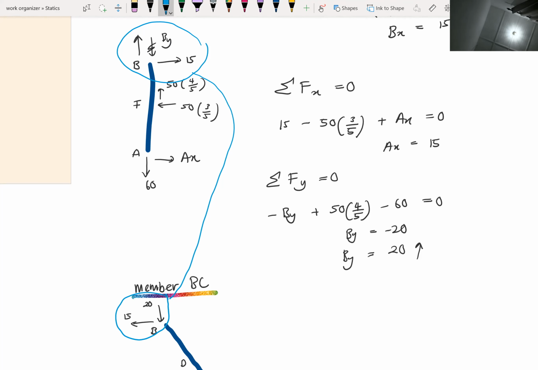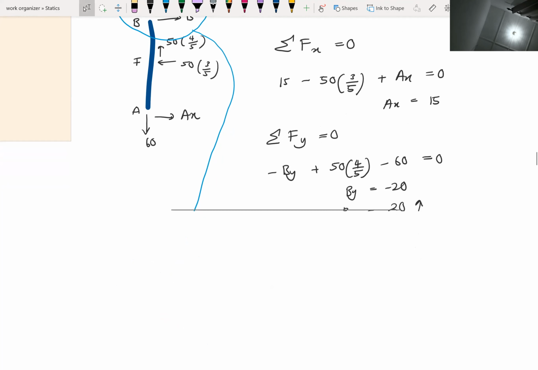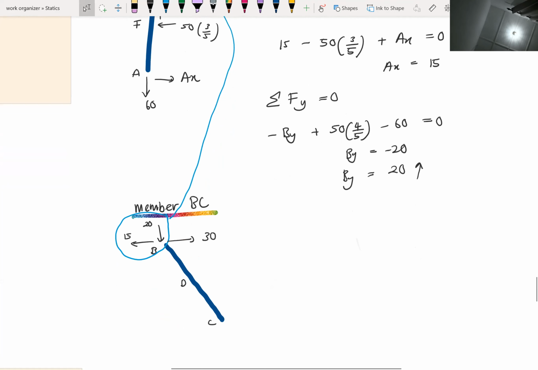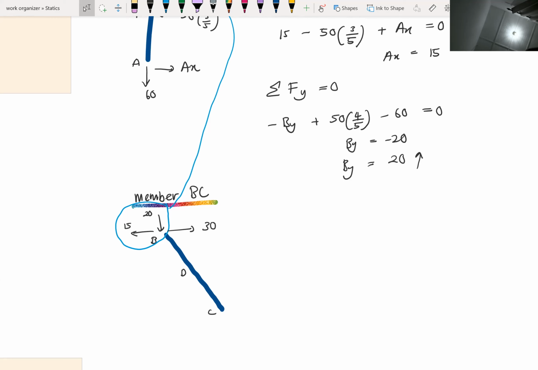And then we have external force, which is here, equal to 30. And then for D, we have downward 100, right?